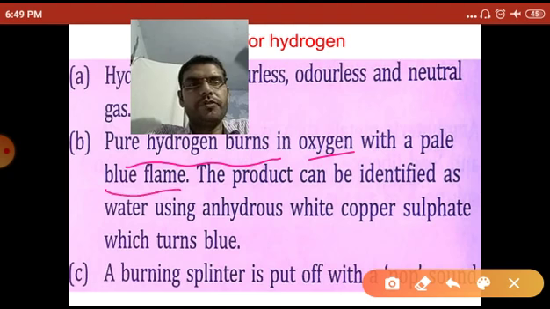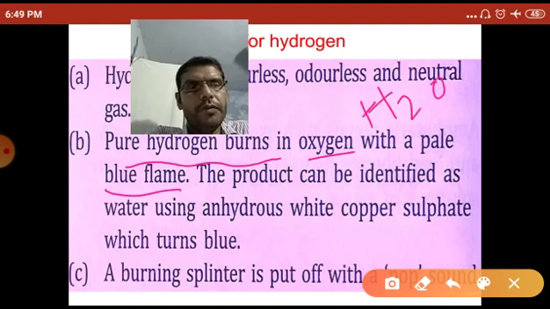When hydrogen burns in oxygen, it gives a pale blue flame, and it produces the product H2O.